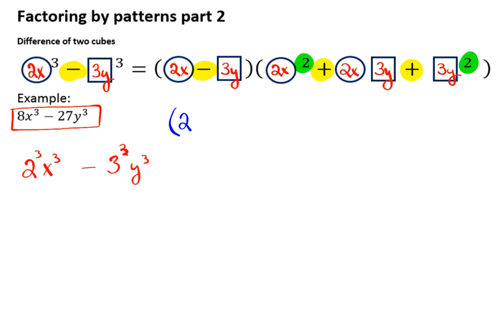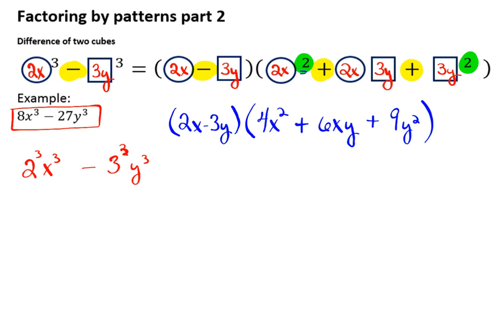This is 2x minus 3y, times 2x squared, which is 4x squared, plus 2 times 3 is 6xy, plus 3 squared is 9, and then I have the y squared. And this is my final factored form.